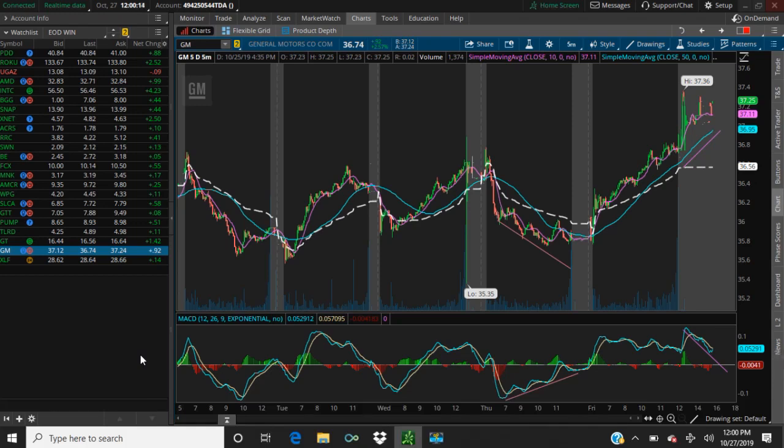security's price. The MACD is calculated by subtracting the 26-period EMA from the 12-period EMA. And the result of that calculation is the MACD line, which is my blue line right here.